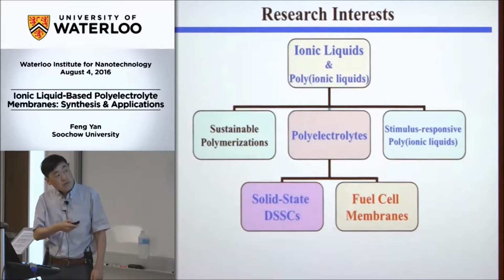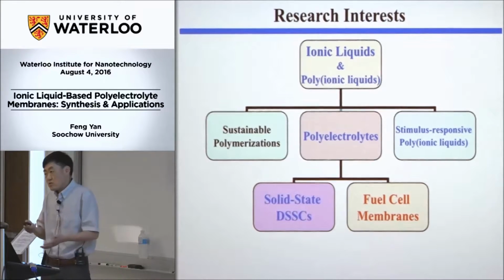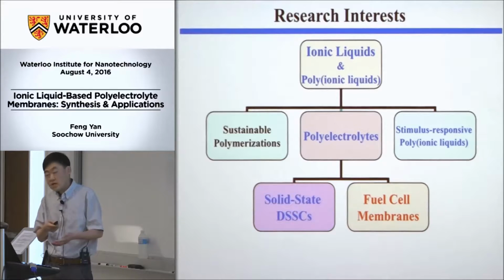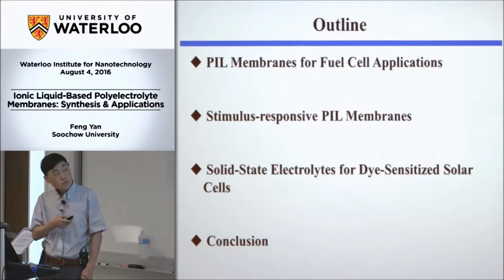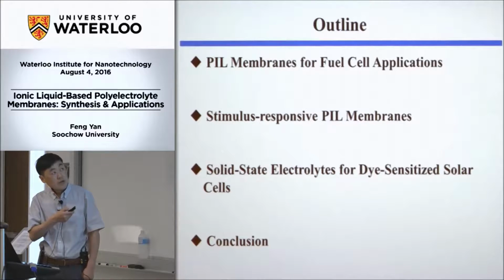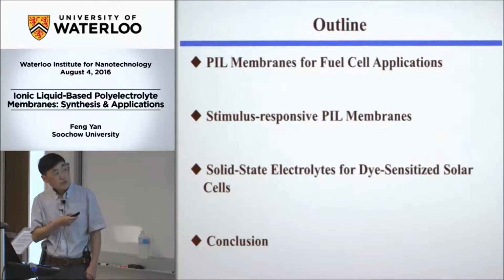It is also very important to use polyionic liquids to prepare functional materials. The second part of my talk will cover this area. I will talk about polyionic liquid-based membranes for fuel cell applications, and also some functional responsive membranes.